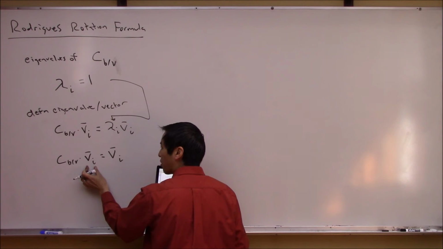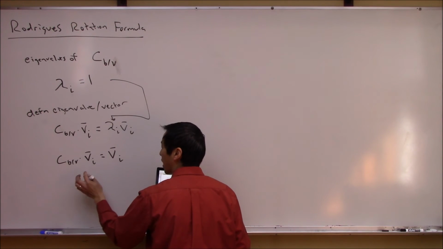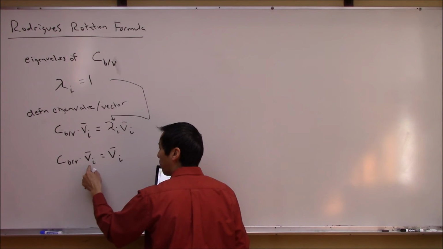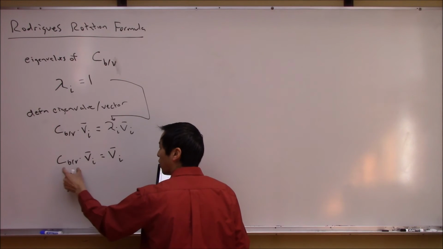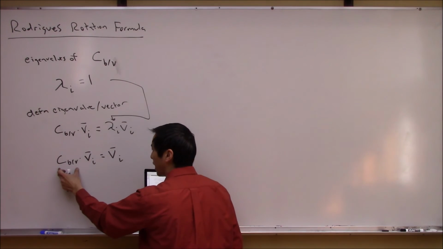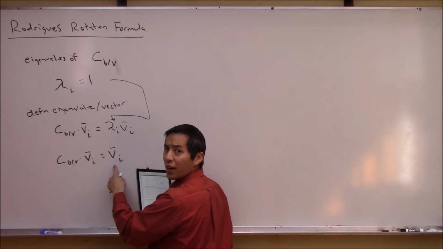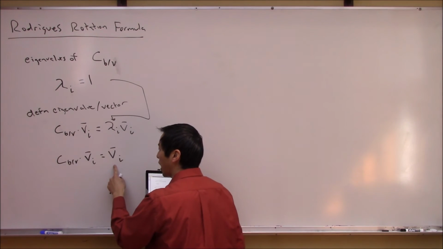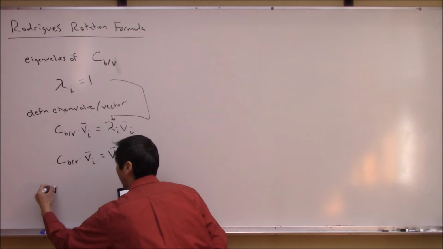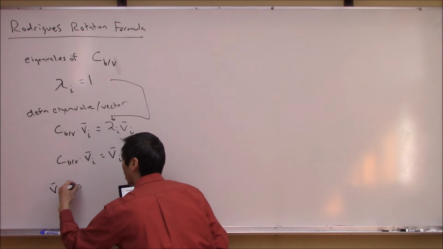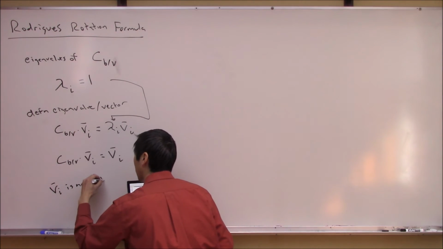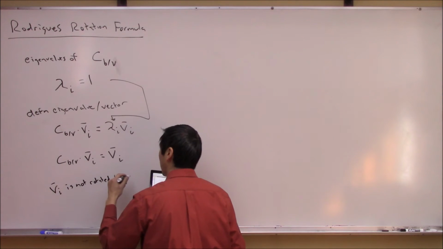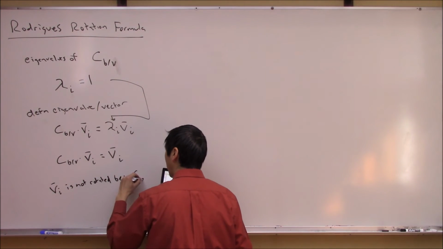So what this says is that if you pick this vector VI, after you rotate it, the rotation matrix does nothing to the vector. It is completely unchanged. So the vector VI is not rotated by the DCM CBV.